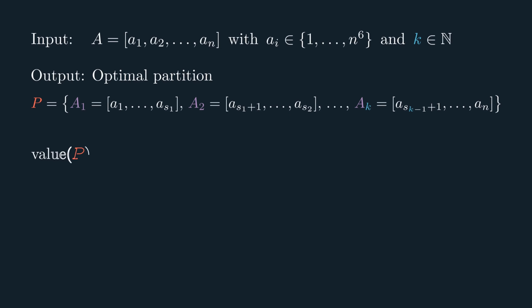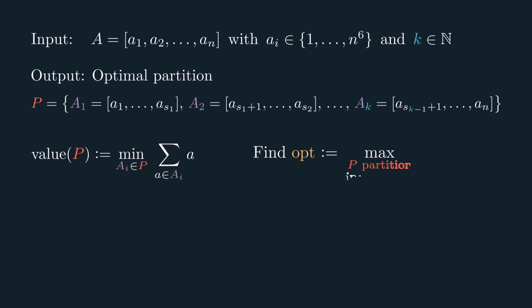Formally, we define the value of a partition as the smallest value of some piece. The optimal value is now the maximum possible value over all valid partitions, where valid just means that the array is split into k connected continuous pieces.